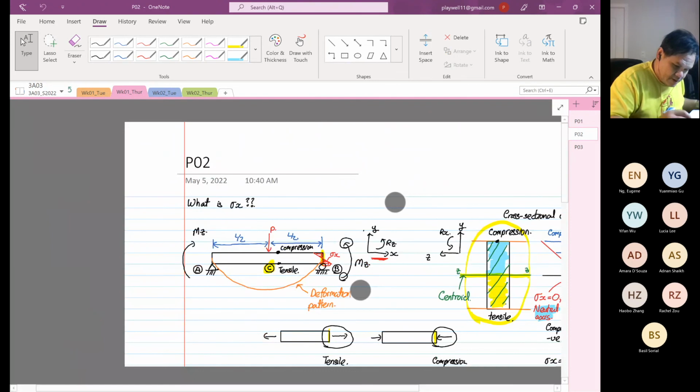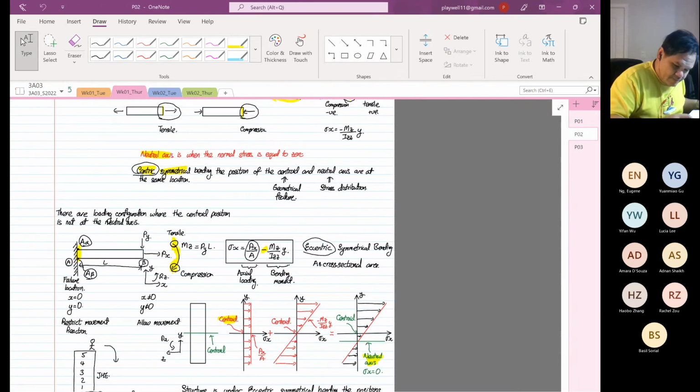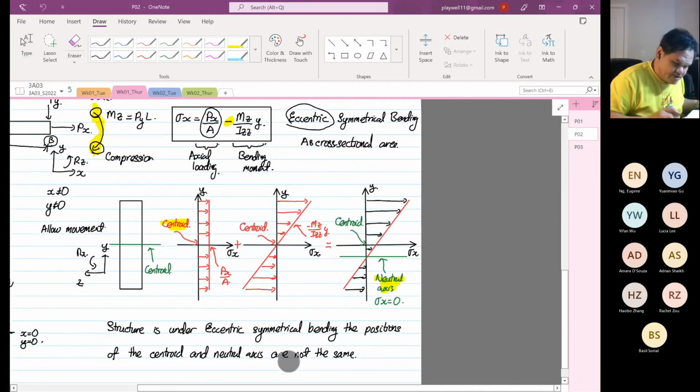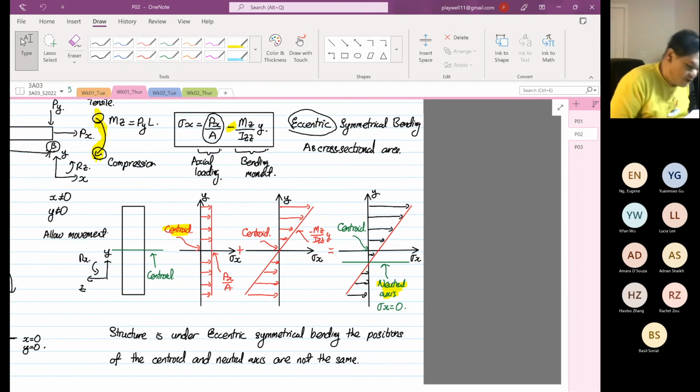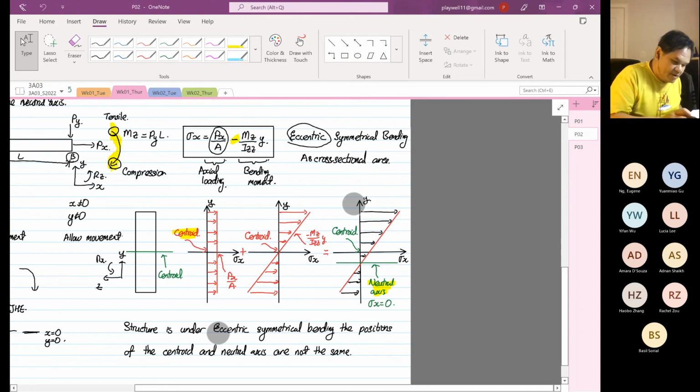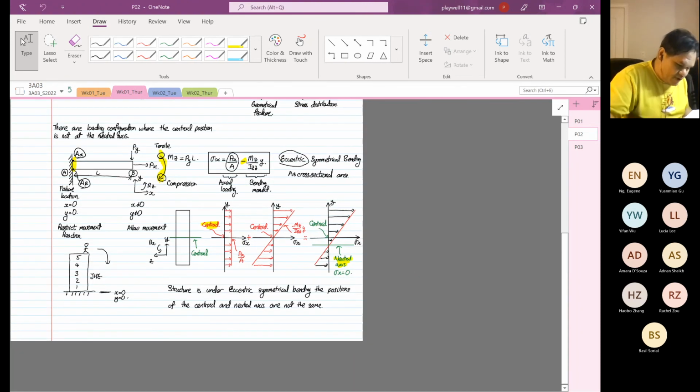Let me check. Yep, this is the stress field. So this is on week 1 Thursday. Okay, so I'll copy the whole diagram again.